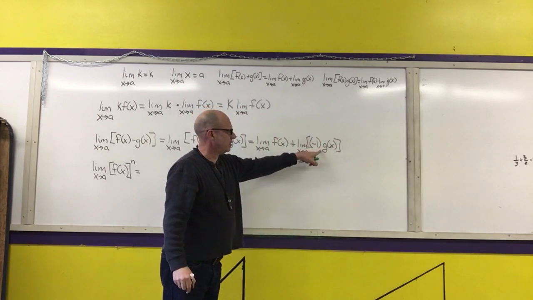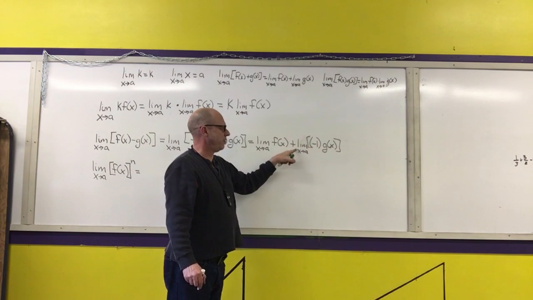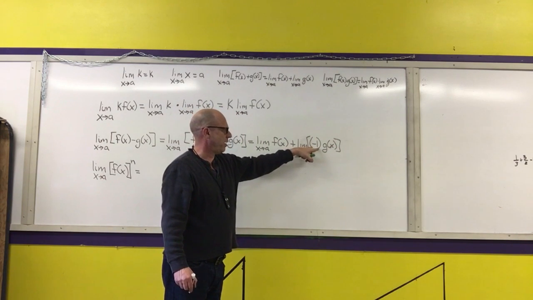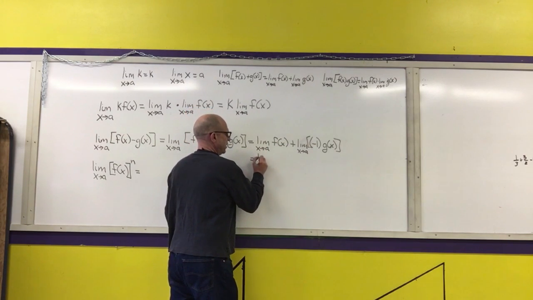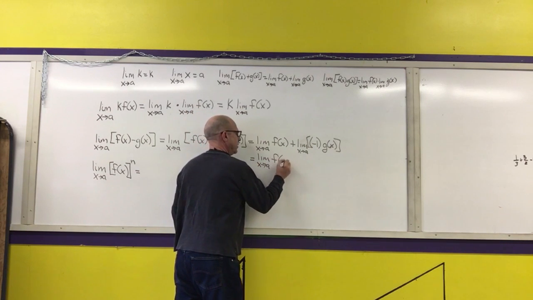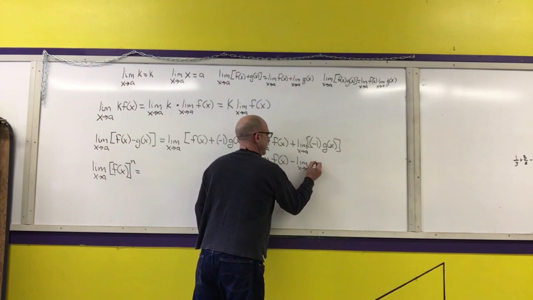Here I have a constant times a limit, so I can pull that constant out in front. And if I pull that constant out in front, I'm going to get a negative sign there. So the final form of this is the limit as x approaches a of f of x minus the limit as x approaches a of g of x.